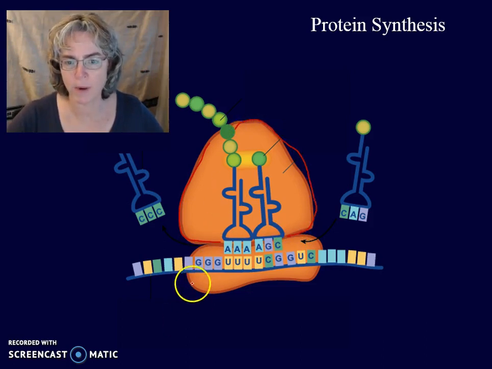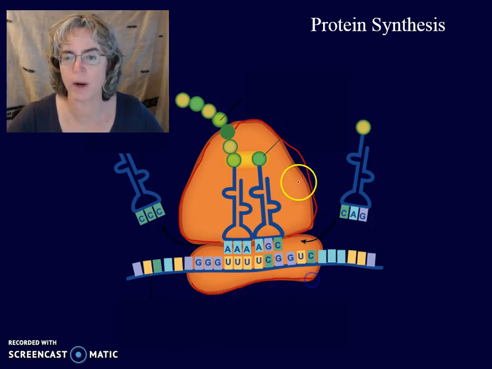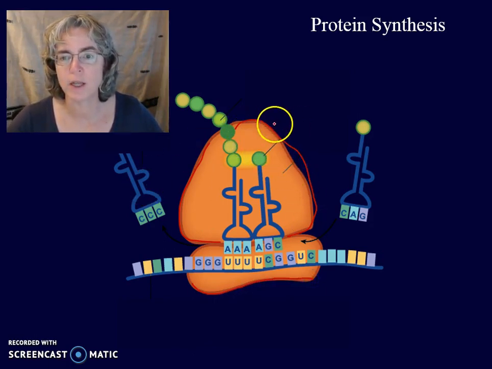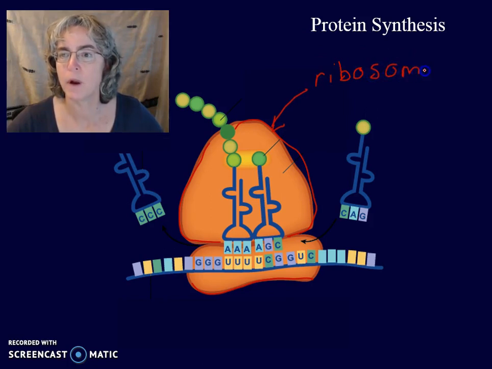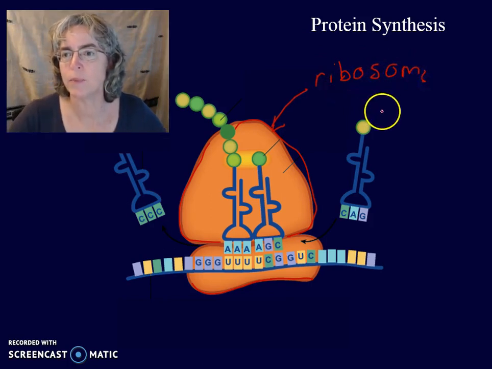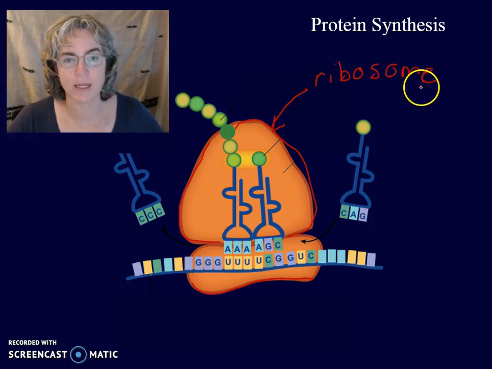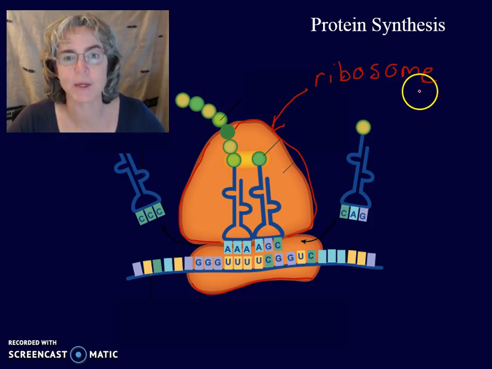There's this big part right here, and then there's this littler part right here. These are subunits of our ribosome. So this is our ribosome. And remember, ribosomes can either be floating around in the cytoplasm or they're attached to our endoplasmic reticulum.